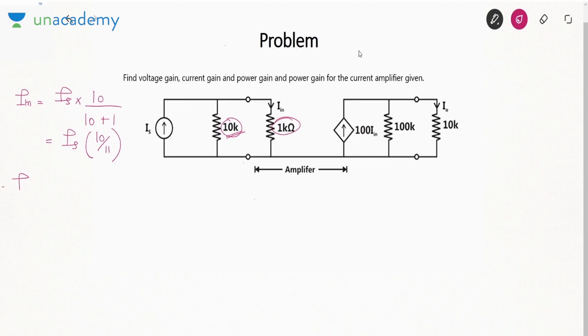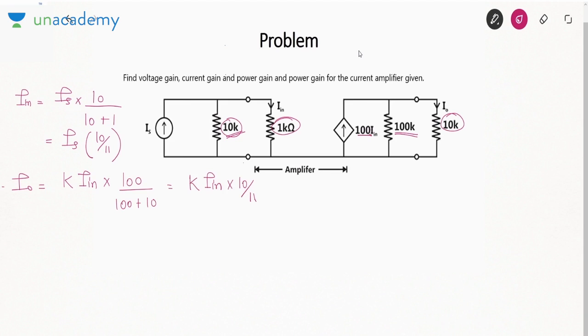What about I0? Again apply current division. K Iin into, which will be in the numerator, 10 or 100? We are finding the current in 10, so in the numerator we will keep 100. 100 over 100 plus 10. So K Iin into 10 by 11.